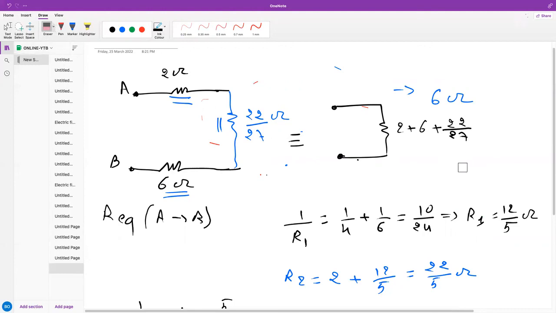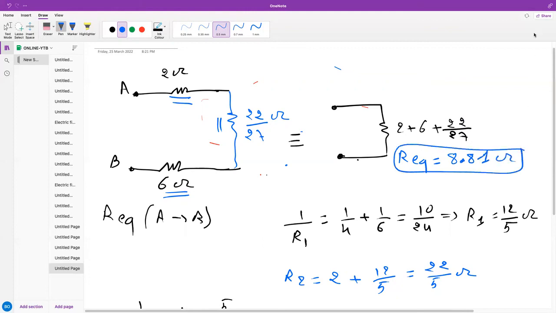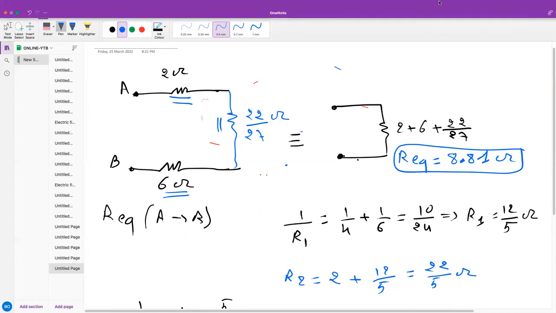So the calculation gives that the total equivalent resistor that I'm looking for is equal to 8.81 ohm. So this is an example of how to simplify a circuit of resistors, and also to calculate the equivalent resistor.